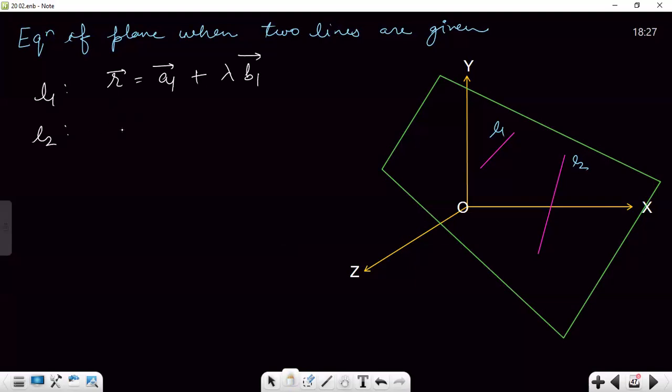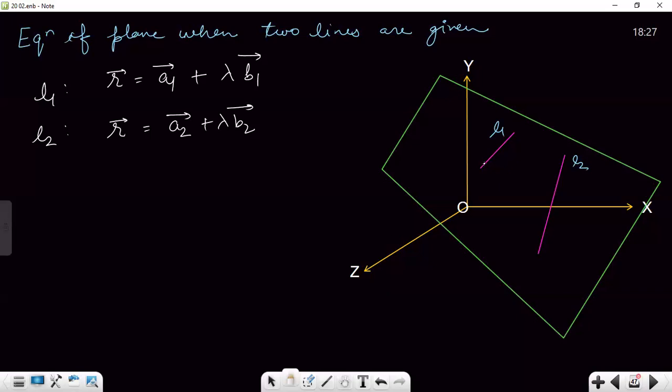For line 2, r remains the same. r vector is equal to a2 vector plus lambda of b2 vector. We remember that vector b1 and vector b2 will give us the direction for the lines, and a1 and a2 are the vectors which exist on the lines.